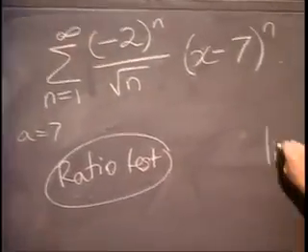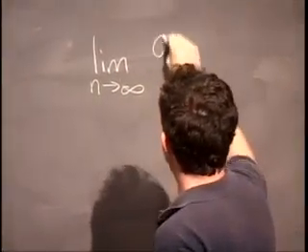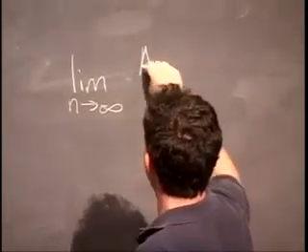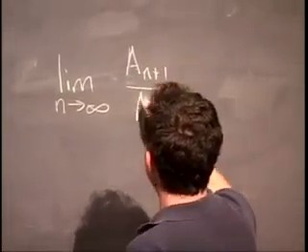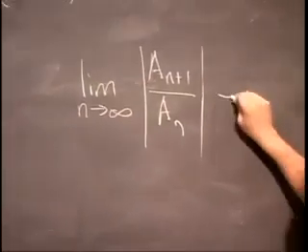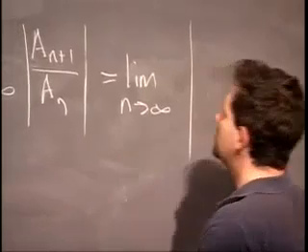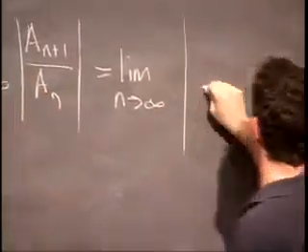So the limit, as n goes to infinity, of, I don't know what to call it, maybe I'll call it capital A_n plus 1 over A_n, and here it's vital that you have the absolute values, is, all I do is copy the exact term down the bottom, under this huge fraction bar.